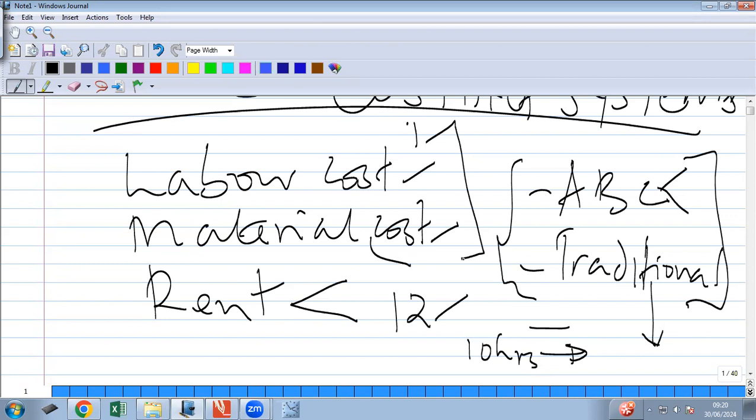Also, if I need an output of 1,000 bars of soap, I'll be able to know I need a certain quantity of raw materials to produce this output. Here you can easily trace.